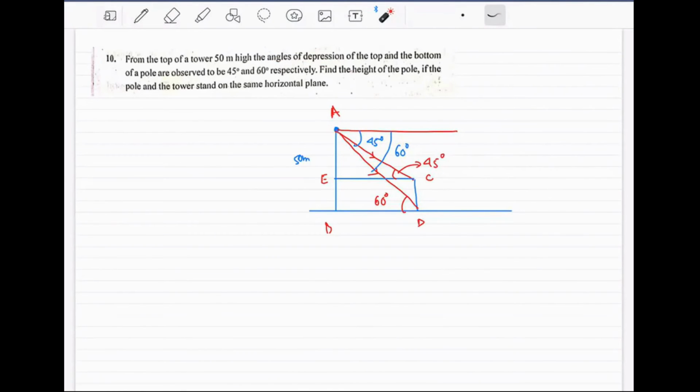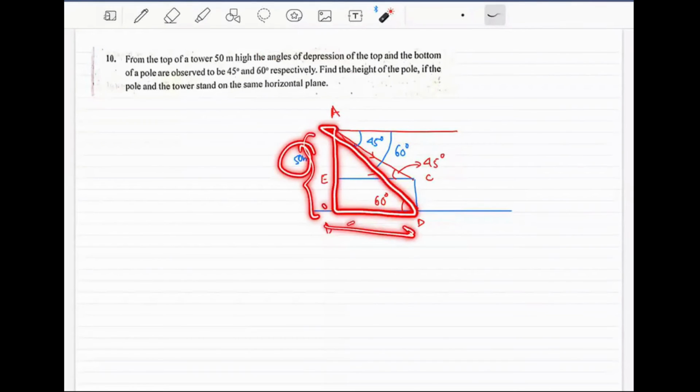So you start taking the triangle. First the small triangle, then the bigger triangle. Actually, let's start from the bigger triangle. Our strategy will be like this. From this big triangle, this 50 meter is known, but we don't know this BD. BD, we can find out because one of the angles is given, one of the sides is given.